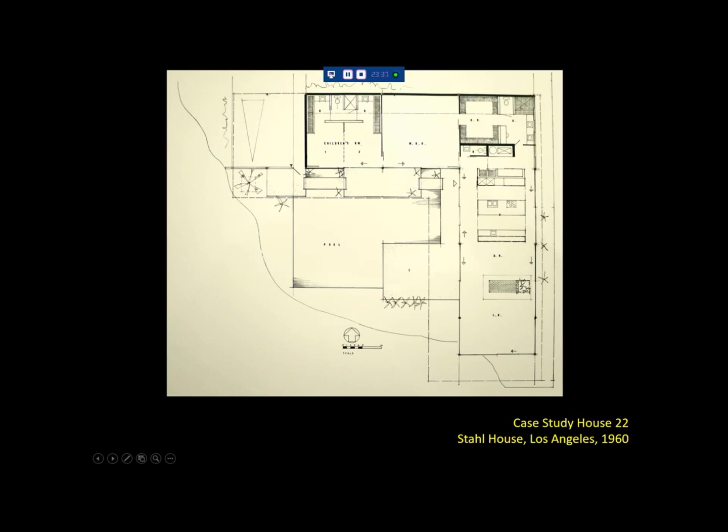So what's the difference between this plan and another one? What is this plan drawn on? It seems to be white paper, or it's a print on white paper. Other plans might be drawn on tracing paper, yellow tracing paper, which you can correct and add to, from which you can take prints. So this is, I suspect, a print, and therefore it's not a working drawing. It's not a drawing that is going to be changed.